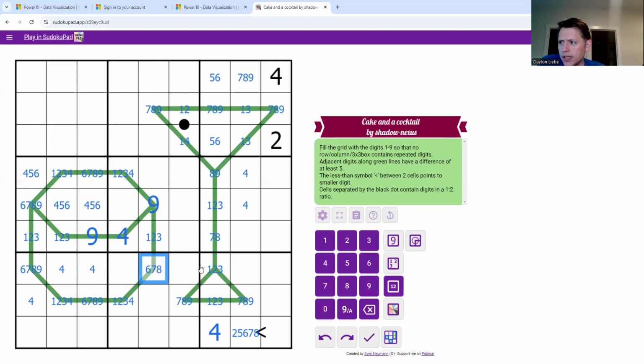This is no longer a 9. None of these are 9s. This is not a 9. And this is not a 9. Wait, sorry. This could be a 9. That's silly of me to take off. This is not a 9, though. So, yeah, okay.